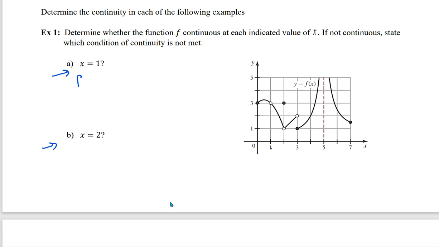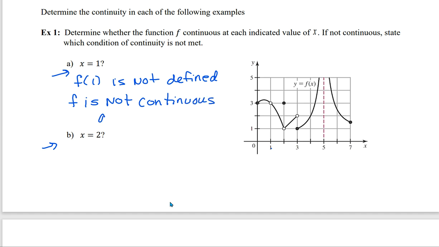There is no point associated with it, so you're going to say f of 1 is not defined, which basically means there's no output value for 1 in the function f. So say f is not continuous at x equals 1.